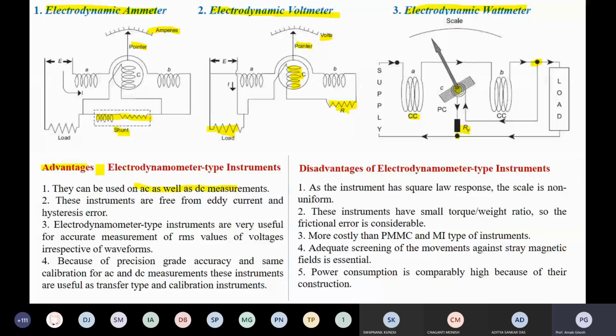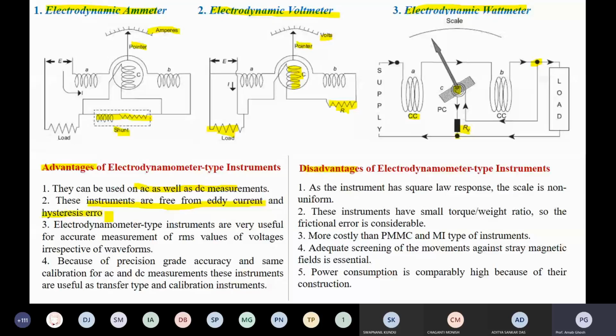If the core is present, that may cause additional magnetic power loss, known as hysteresis. Now here you can observe that there is no core. There are two fixed coils and one moving coil, all coils, so your instrument is free from eddy current and hysteresis error.